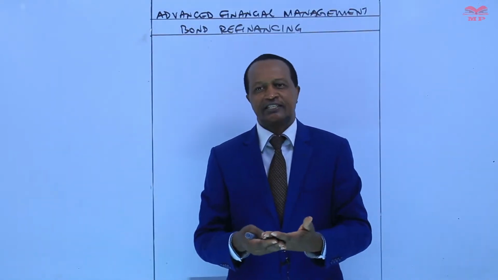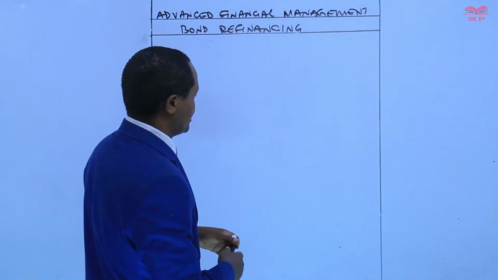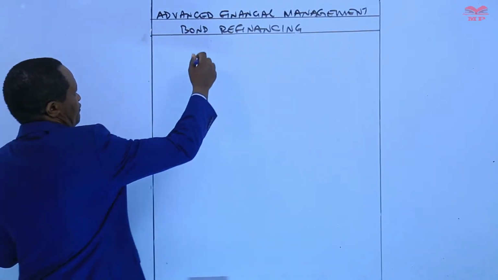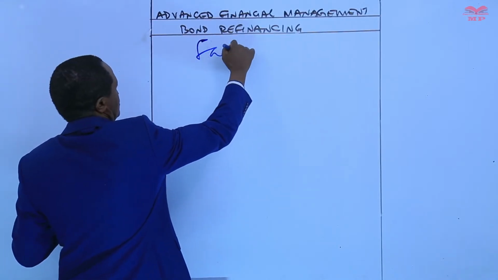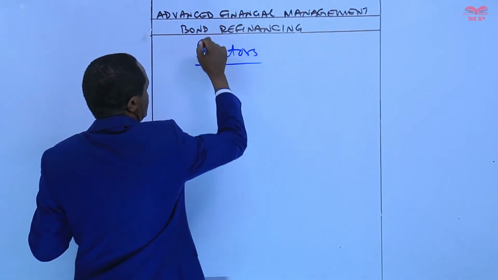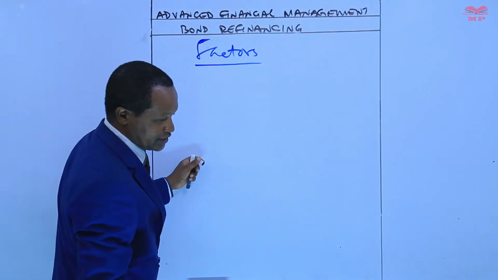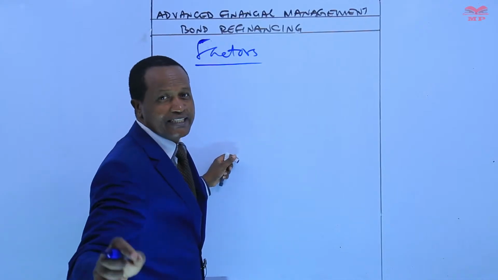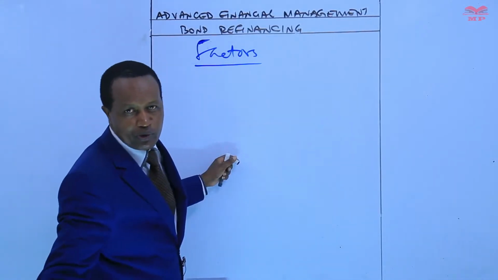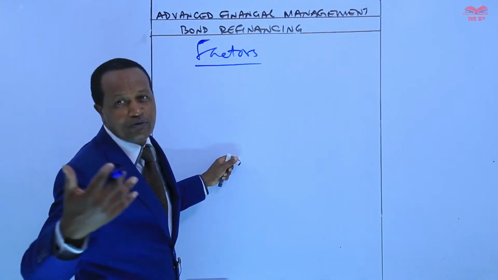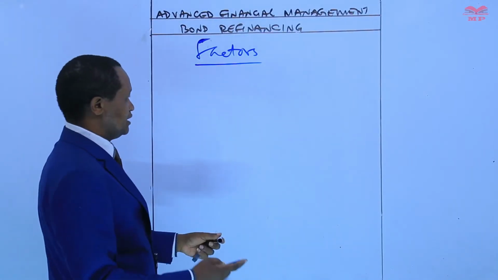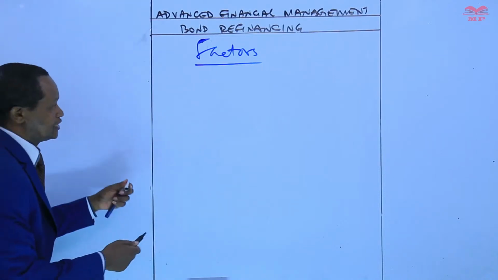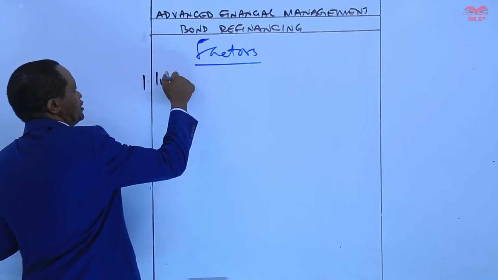And there are various factors in bond refinancing. So let's highlight some of the factors. Get it clearly first, candidates, that bond refinancing involves replacing existing bonds with new bonds. That's the definition. So what are some of the factors in bond refinancing? The first key factor is interest rates.